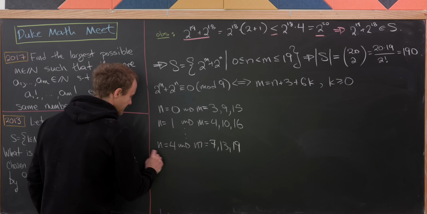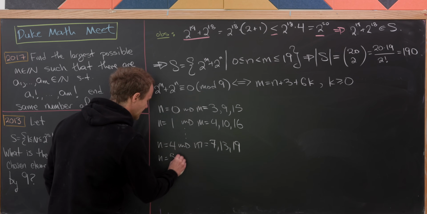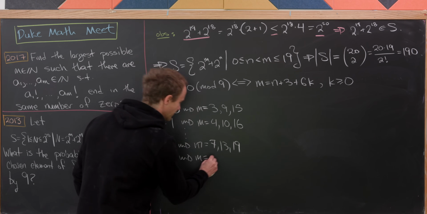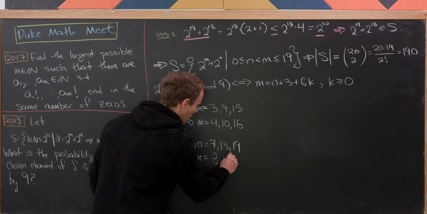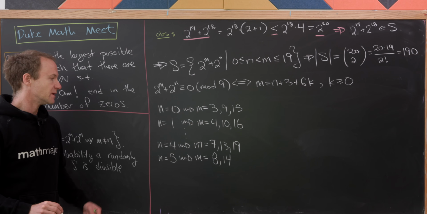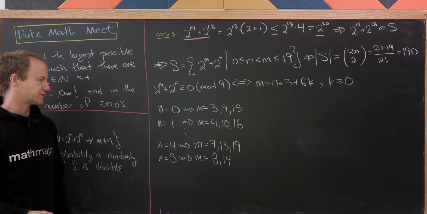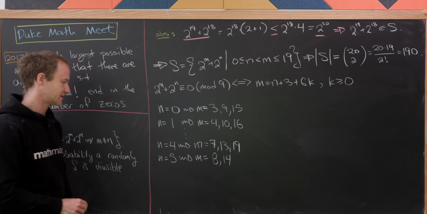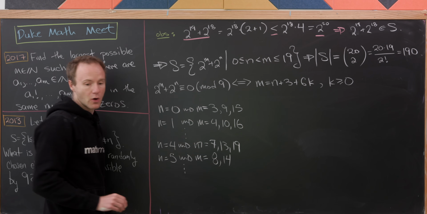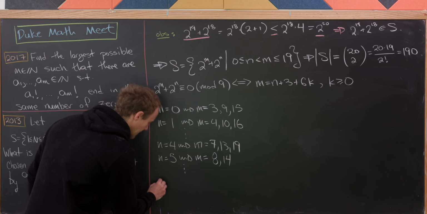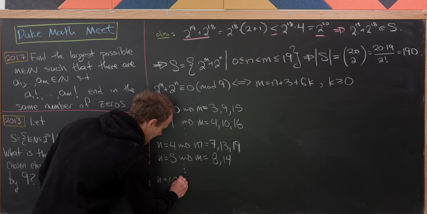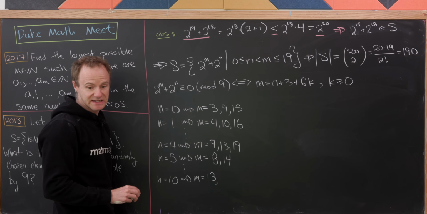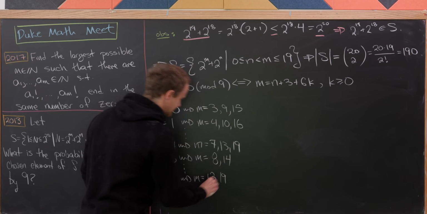So that means that something changes when we move from n equals 4 to n equals 5. Notice if n is equal to 5, m could be equal to 8 or 14. But you can't add another multiple of 6 because you would get 20 and you would get outside of our set S. So then we keep going for a little bit, and we end up here at n equal to 10, which means the possible m values are 13 and then 19.